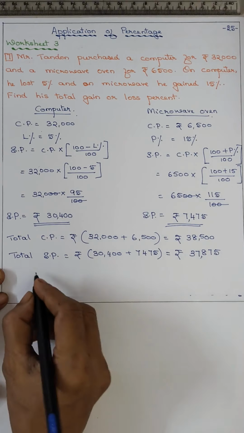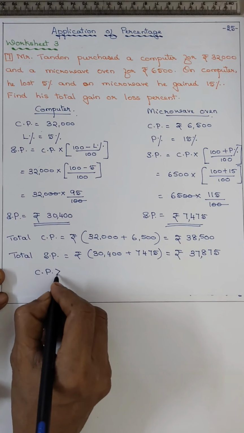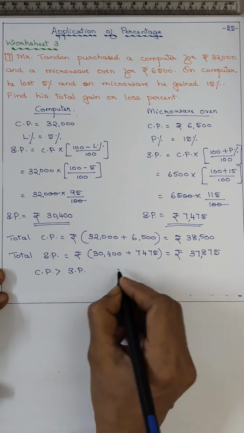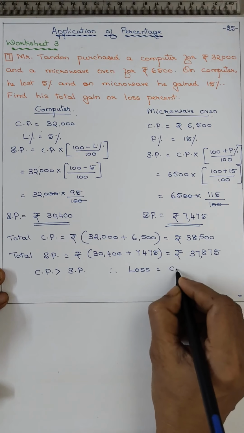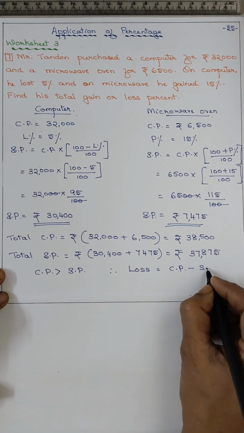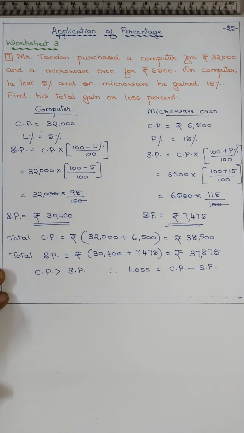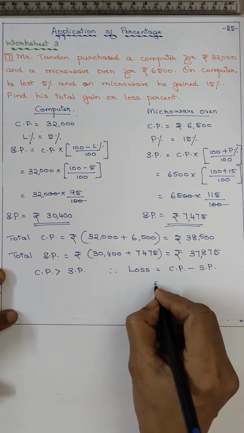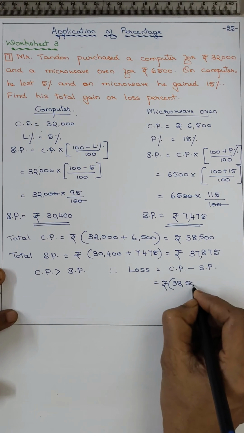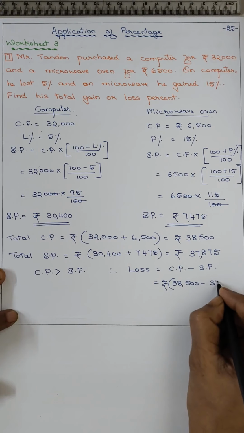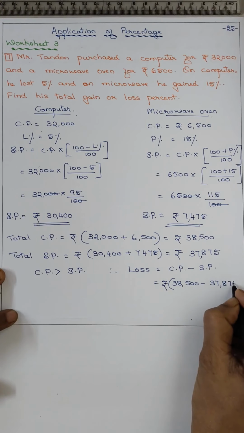CP is greater, isn't it? So CP is greater than SP, therefore loss is equal to CP minus SP. It is 38,500 minus 37,875.